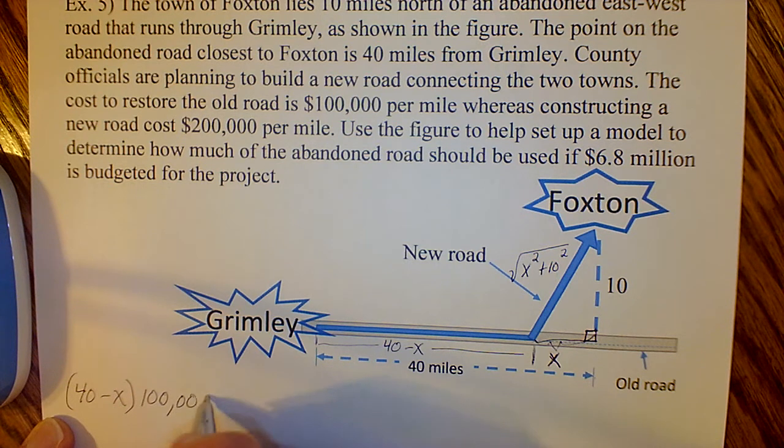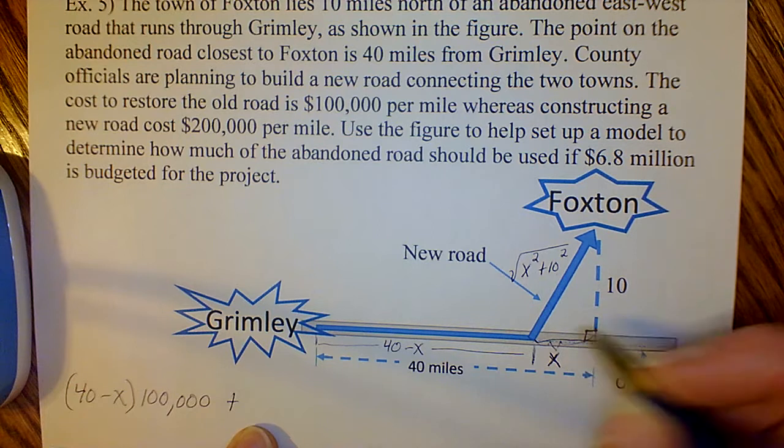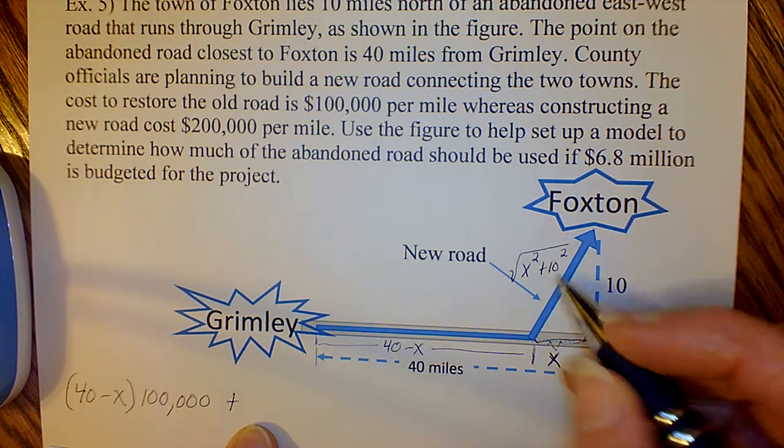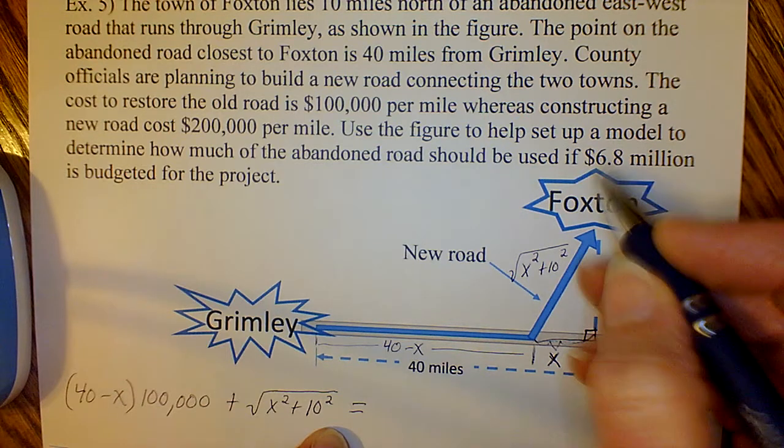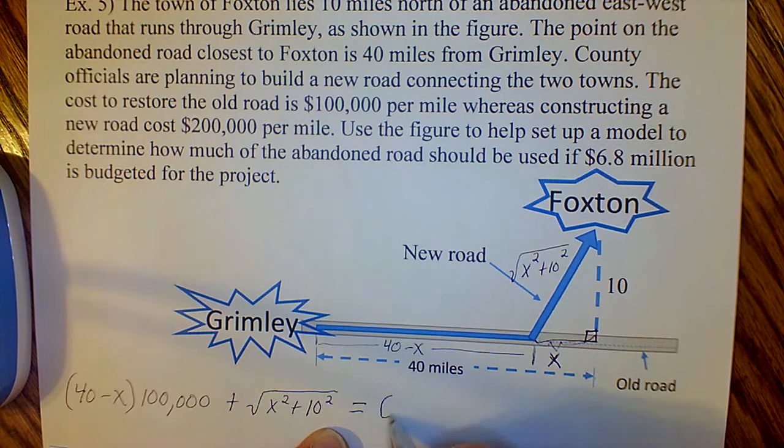And the other cost is this new piece of road. So we're going to add to that 200,000 times this distance, the square root of x squared plus 10 squared. This is equal to, we're going to spend no more than, we're allowed to go up to $6.8 million.